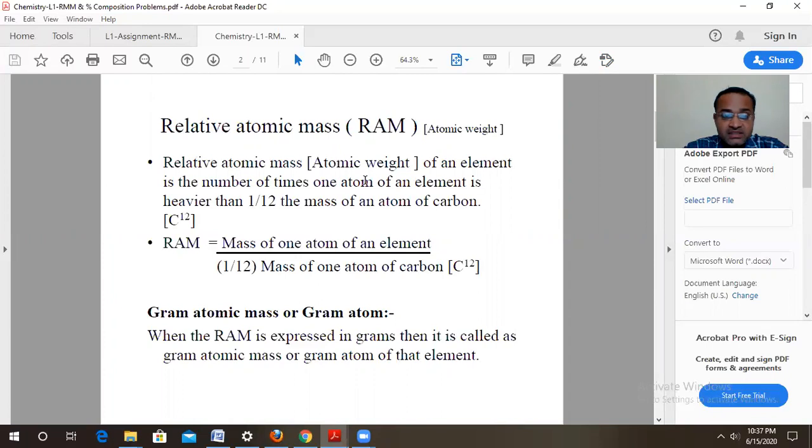Therefore, relative atomic mass is equal to the mass of one atom of an element divided by 1/12 the mass of one atom of carbon 12. And when this relative atomic mass is expressed in grams, then it is called gram atomic mass or gram atom of that element.